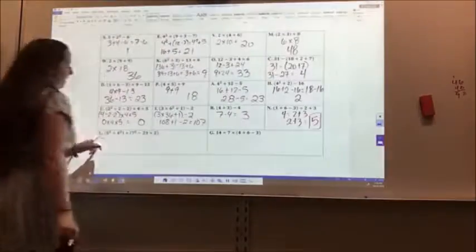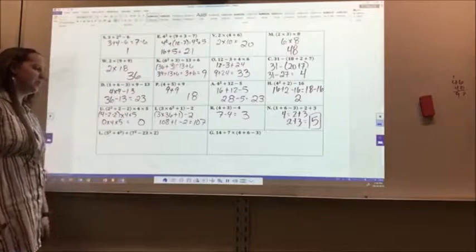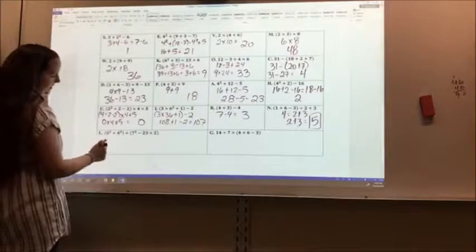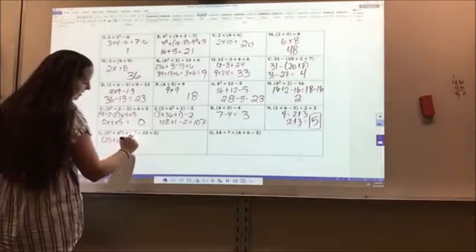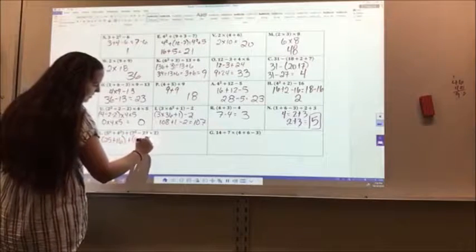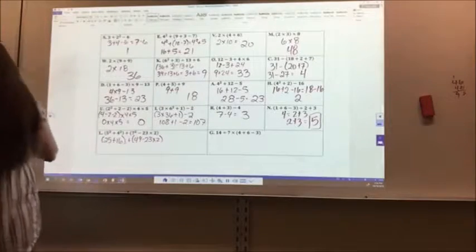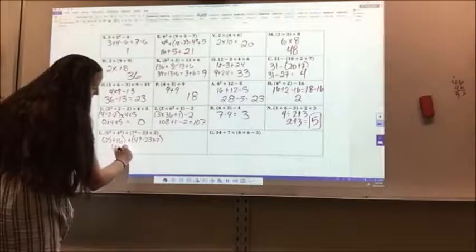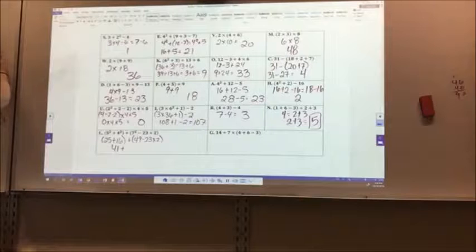For letter L, I have the quantity 5 squared plus 4 squared plus the quantity 7 squared minus 23 times 2. So I go from left to right, starting with the parentheses. So I have 25 plus 16 plus 49 minus 23 times 2. Okay. 25 and 16 is 41. 49 minus 23 times 2, because again I have to go with PEMDAS.